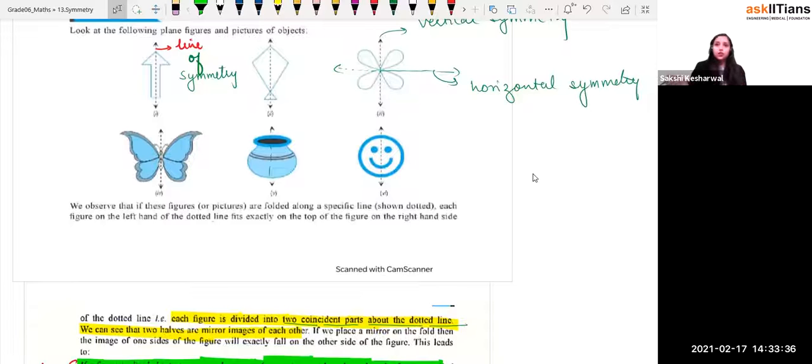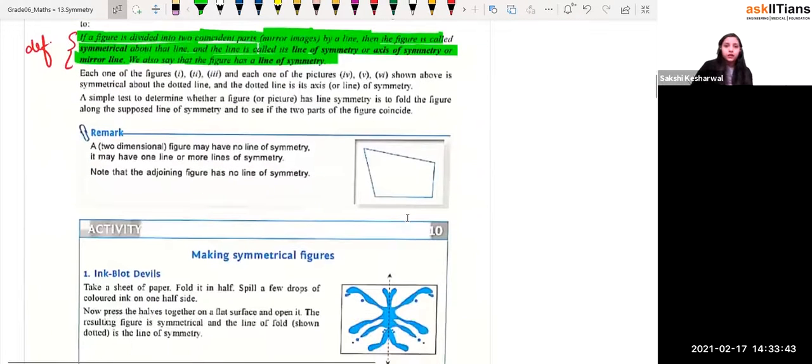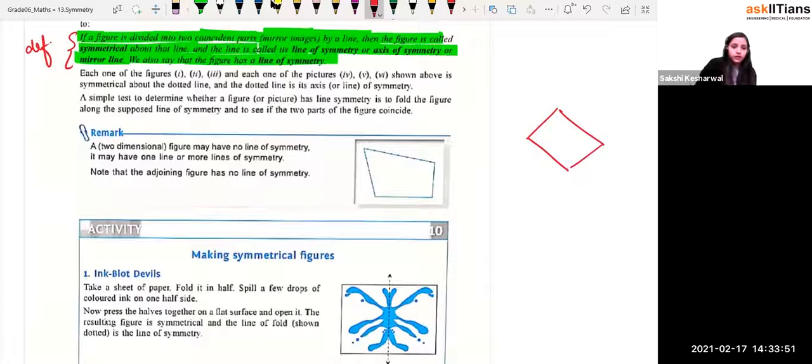Every figure is not symmetrical, right? It's not necessary that every figure is symmetrical. So you just see that over here, he made a figure like this. Can you draw any line that is going to divide the figure symmetrically?